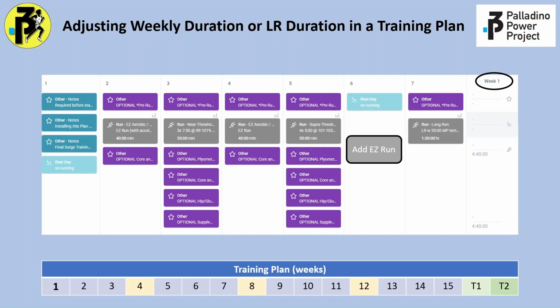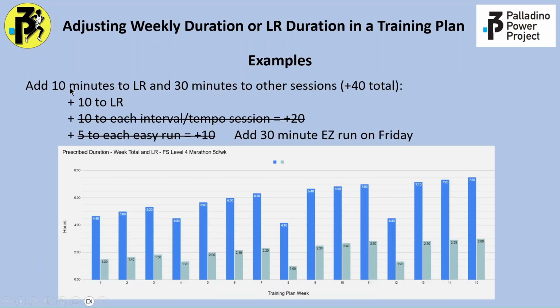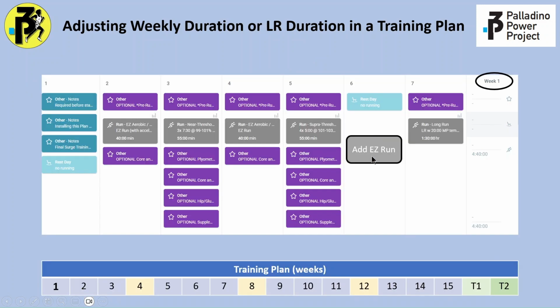If you're adding it this week, then let's say you're adding a 30-minute easy run on that Friday. So we're going to add 30 minutes here.